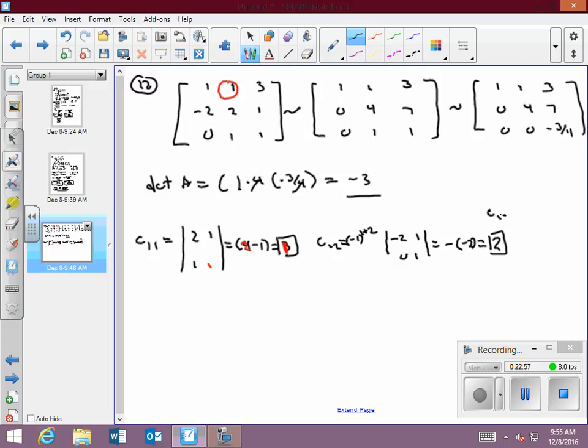C1,3. Minus 1 to the 1 plus 3. And that's going to be 3 times the determinant of -2, 2, 0, 1.